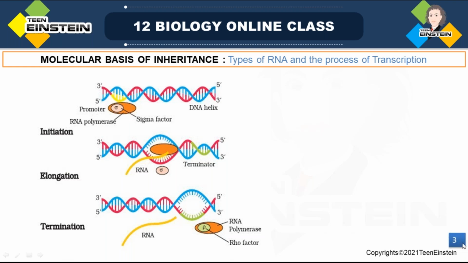Then rRNA has a structural and catalytic role during the translation process. Okay, so note down all this. In bacterial protein synthesis, all type of RNAs have a specific role.